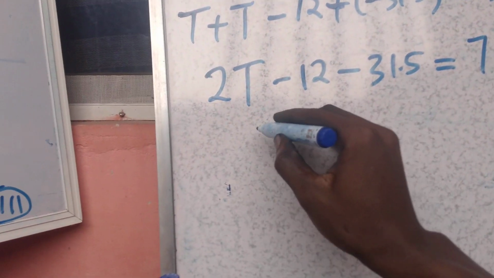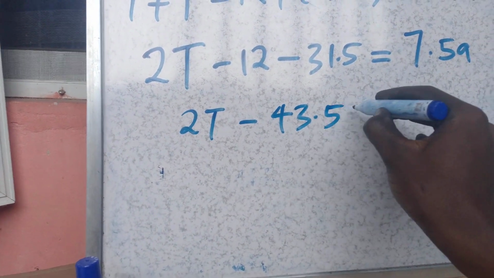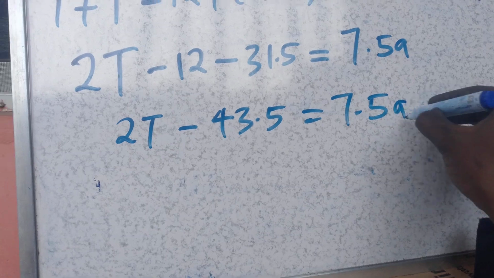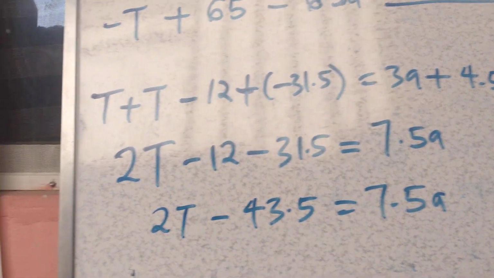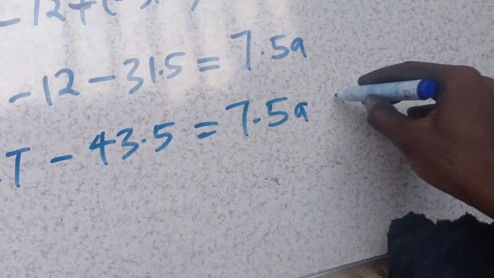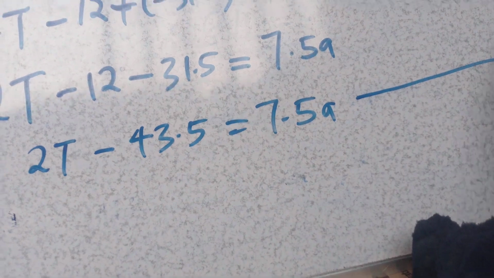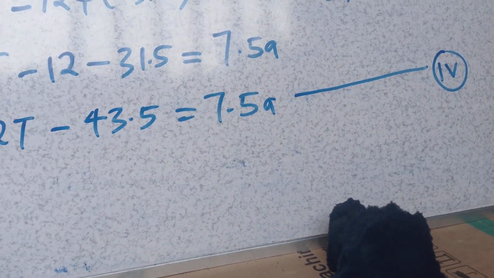So this now will be 2T minus 43.5 is equal to 7.5a. Now I have this, and I can call this equation 4: 2T minus 43.5 equals 7.5a.